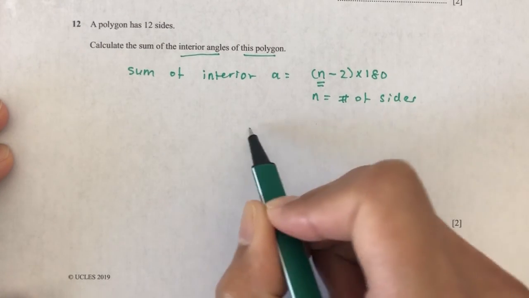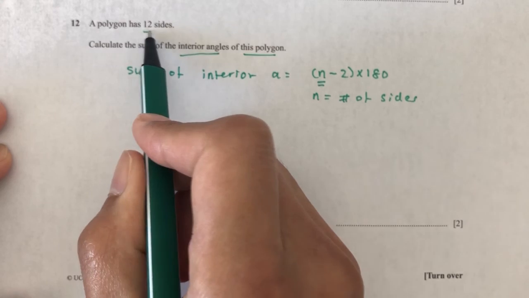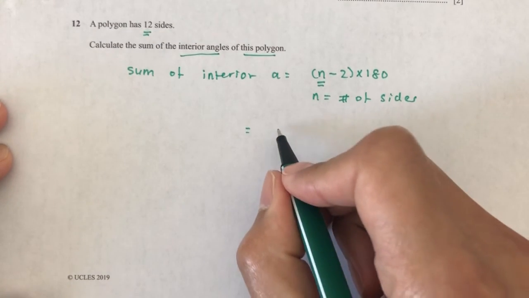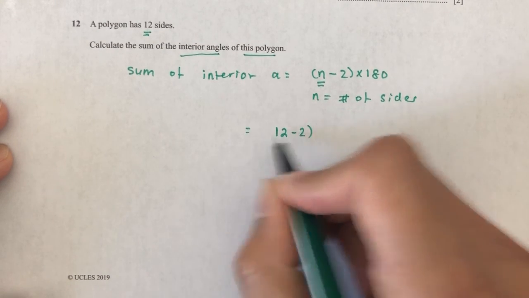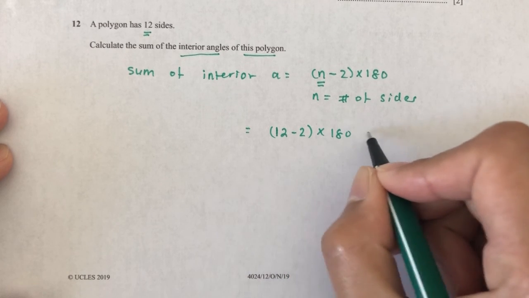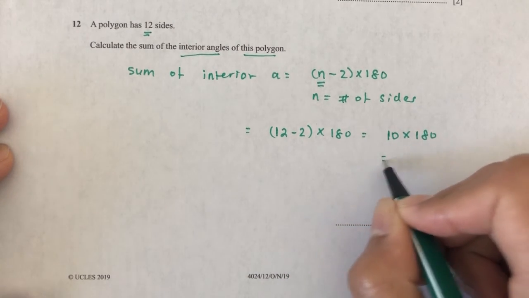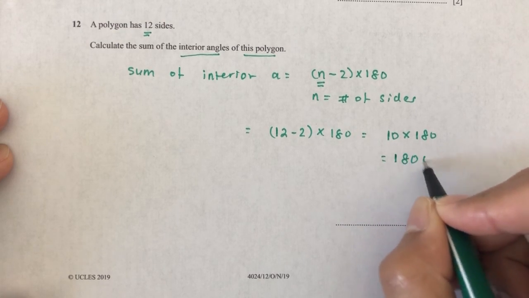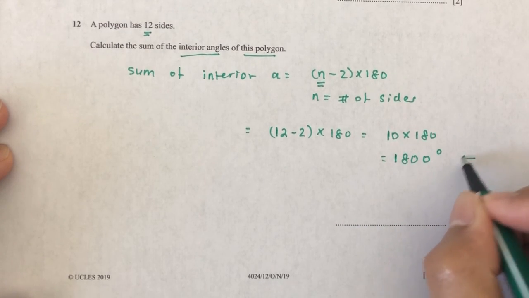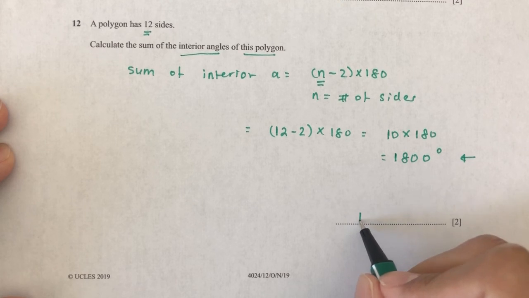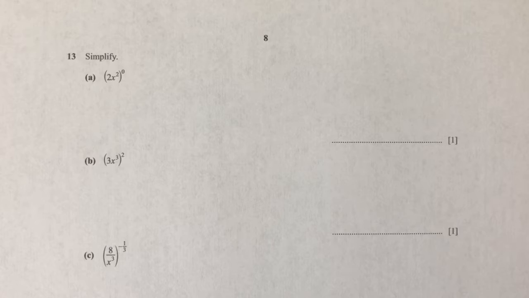So replace the n here. This polygon has 12 sides, so we have 12 minus 2 times 180, which is equal to 10 times 180, which is 1800. So the sum of the interior angles will be 1800 degrees.